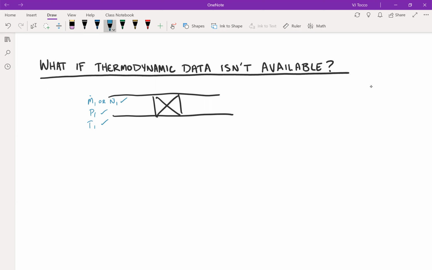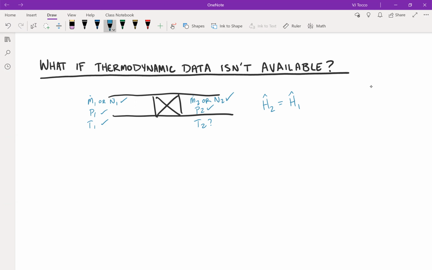And then at the outlet, because inflow has to equal outflow, we know M2 or N2. And we know P2, but we don't know what T2 is. Just to remind you, we set up the energy balance, and it told us that the specific enthalpy of stream 2 is equal to the specific enthalpy of stream 1.